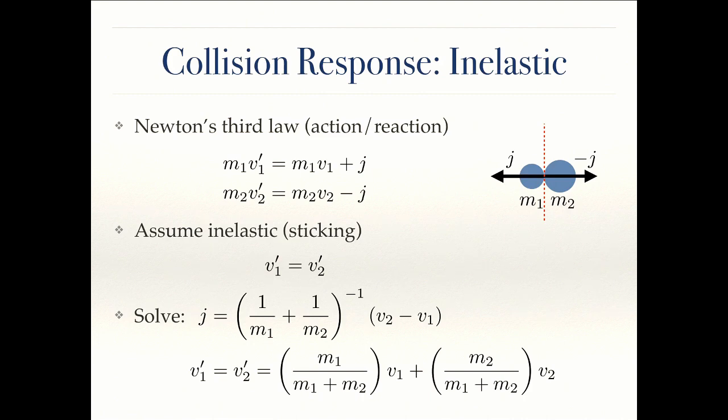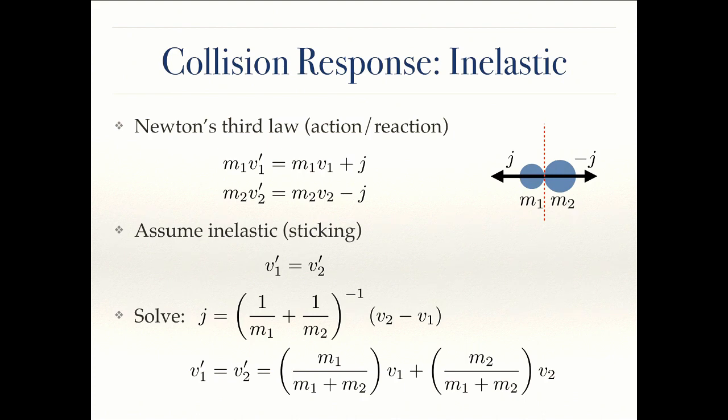Now I have an expression for v1 prime and one for v2 prime. I stick those expressions into here and solve for J. Once I've solved for J, I can go back to these equations and find v1 prime and v2 prime. Since it was an inelastic collision, they're the same at the end.